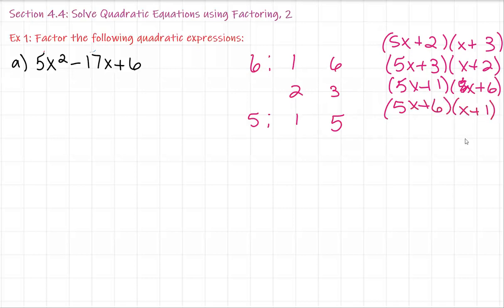Go ahead and convince yourself that those are different by multiplying them out, and see that each of those are very different quadratics. Because of that, brute force is not our friend anymore. We could do it, but it would be very inefficient. It would take you longer than it needs to.